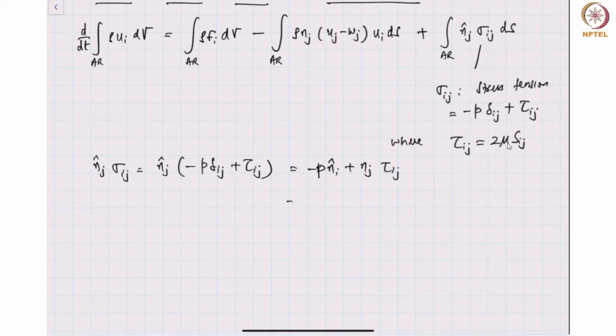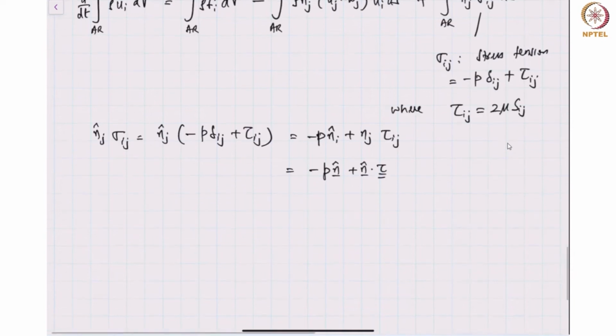And this is, in vector notation, minus P times N plus N dot tau. This is the last term of the momentum equation.